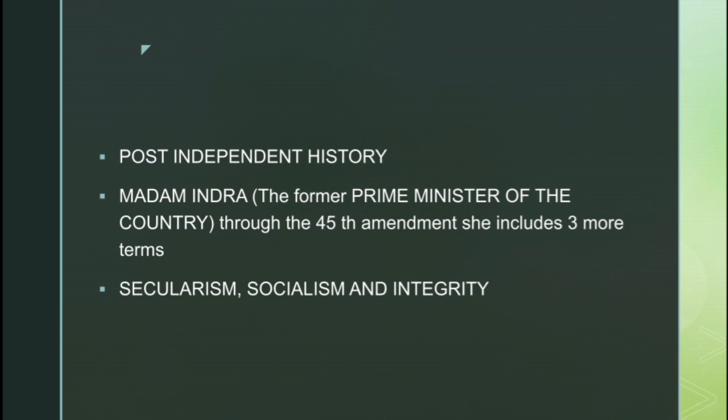These are the three aspects which have been added to our preamble. So the first part is largely influenced by the objective resolution clause, two important terms added by Ambedkar, and three important terms added by Indira Ma'am through the 42nd Amendment.